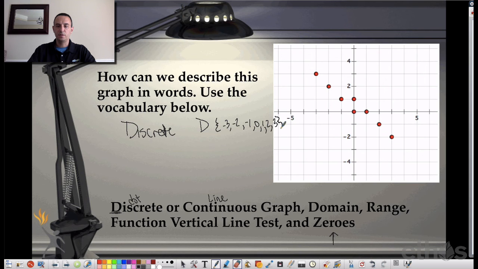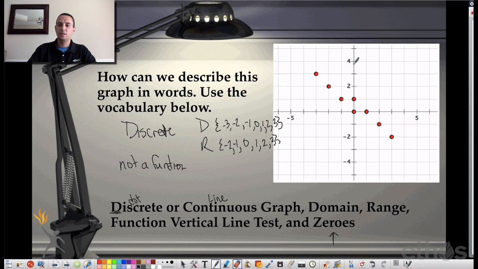And you put this in paragraph form. Then I say my range is going to be negative 2, negative 1, and then 0, 1, 2, and 3. Those are my ranges.